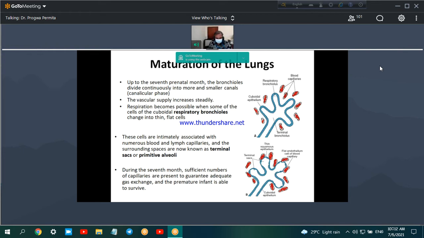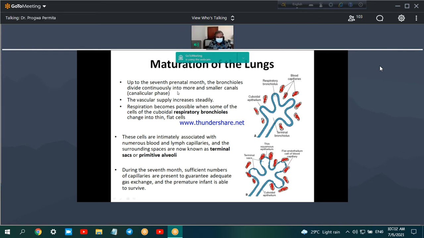So this is the pseudoglandular stage, and this stage is critical for the formation of all conducting airways. In this stage, the lung is lined with tall columnar epithelium. More distal structures are lined with cuboidal epithelium.